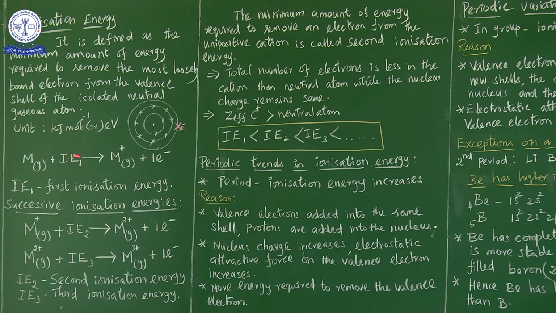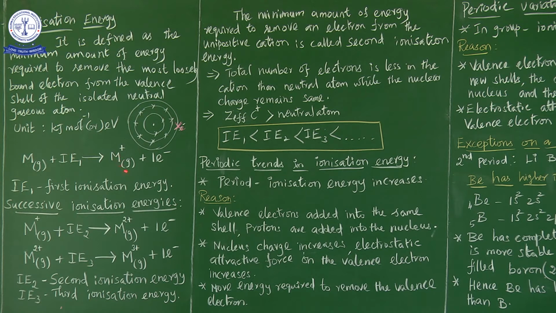So we give some amount of energy to a neutral atom, and we get M plus by losing one electron. There is a formation of a monovalent gaseous cation. Monovalent means single valency, mono is single, or univalent.